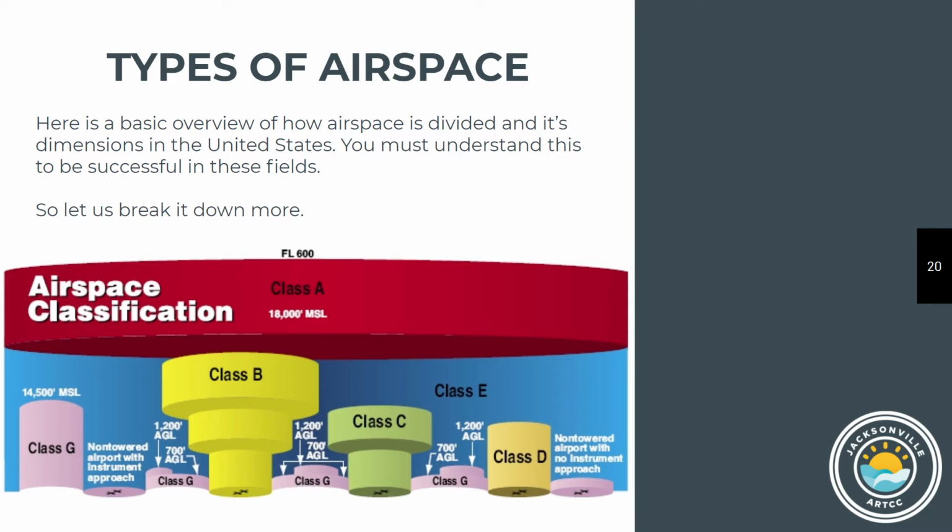The Class B airspace, the only example in our Jacksonville ARTCC is Orlando International Airport, is called an upside down wedding cake. And when you want to talk about it, you actually say that the Class B airspace on the map is as depicted.